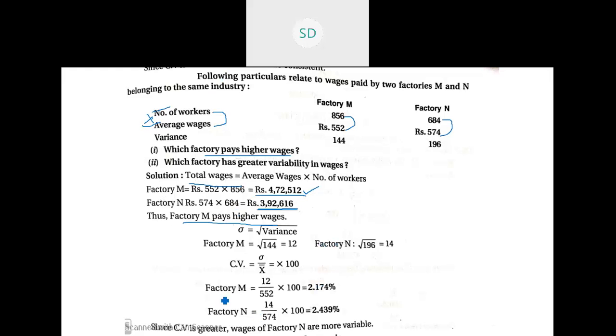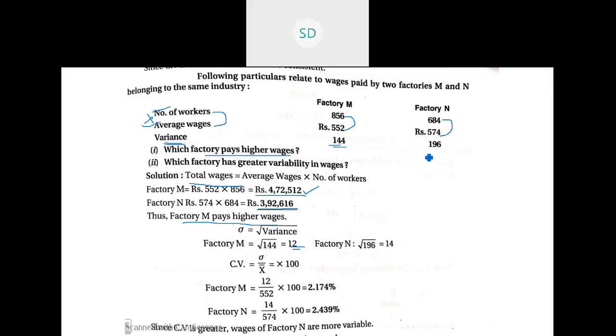Now let's see the last part of the question. We just have to calculate the CV. Standard deviation is equal to root of variance, since we don't have standard deviation given directly. For factory M, the square root of 144 is 12.